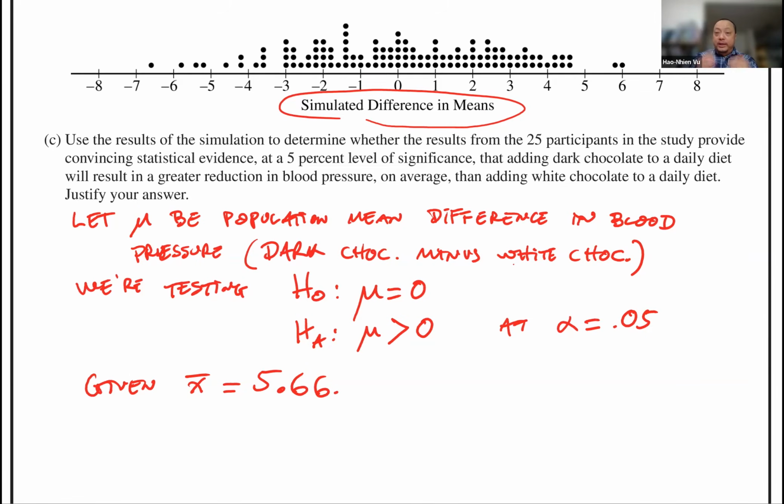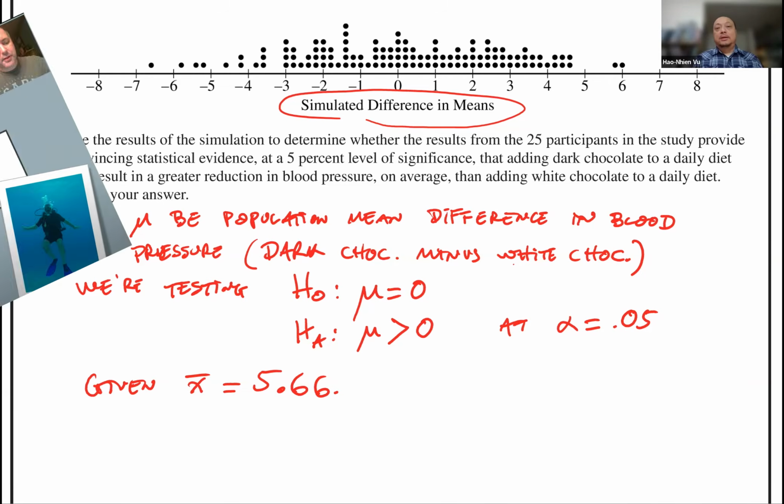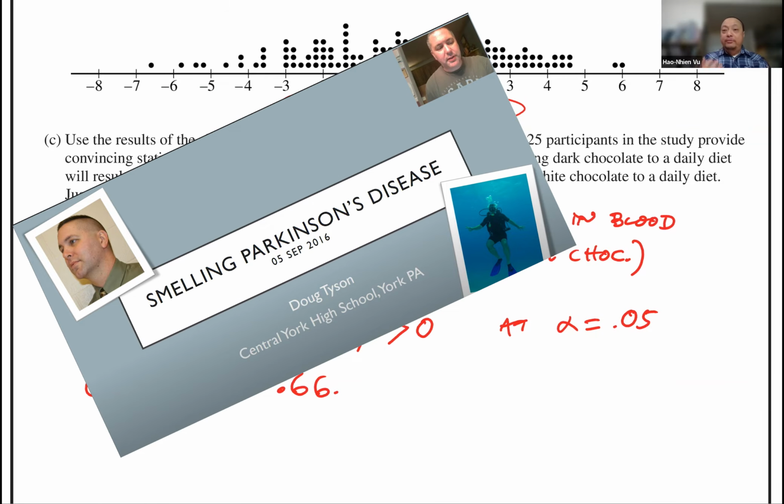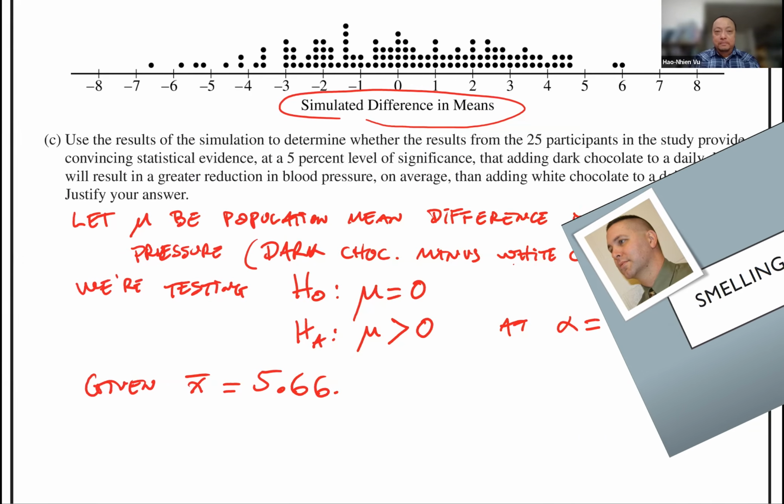So now we need to somehow find a p-value based on the simulation itself. Those of you who have done the smelling Parkinson's activity by Doug Tyson would know exactly what to do now. So thank you, Doug Tyson.